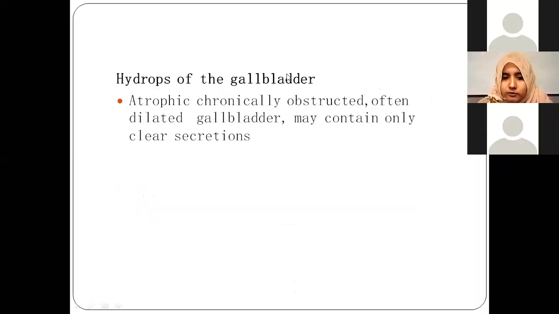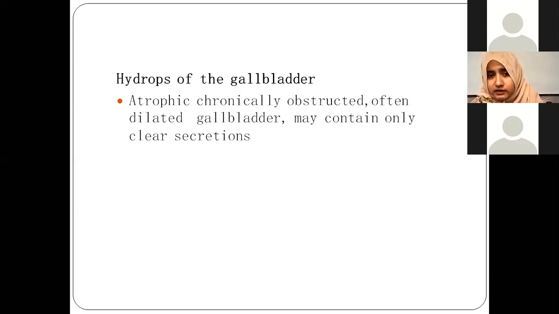What is hydrops of the gallbladder? When there is atrophy, this is also a sequel of chronic cholecystitis. An atrophic, chronically obstructed, often dilated gallbladder may contain only clear secretions. So this is hydrops of the gallbladder. Sometimes, as you will experience in future, you will read some ultrasound reports where they have labeled that the secretions in the gallbladder are seen clear. It's not even turbid, not even yellow or olive green in color.